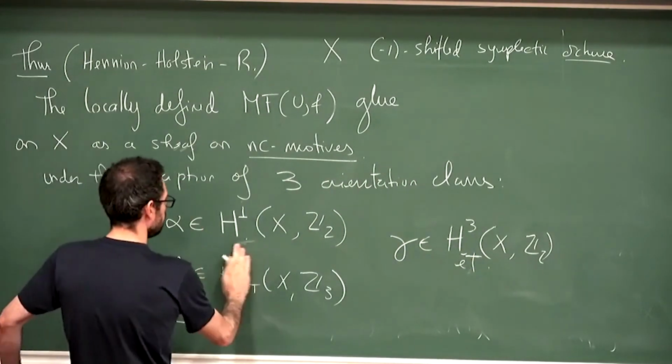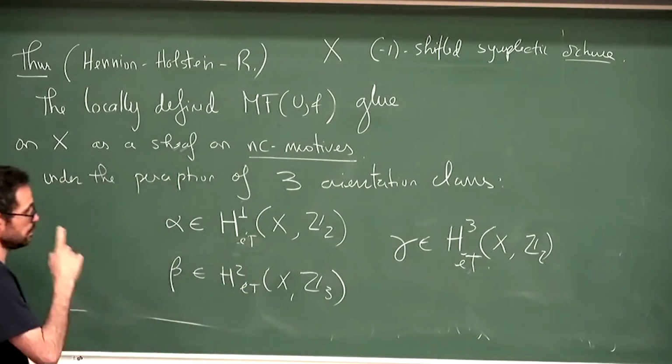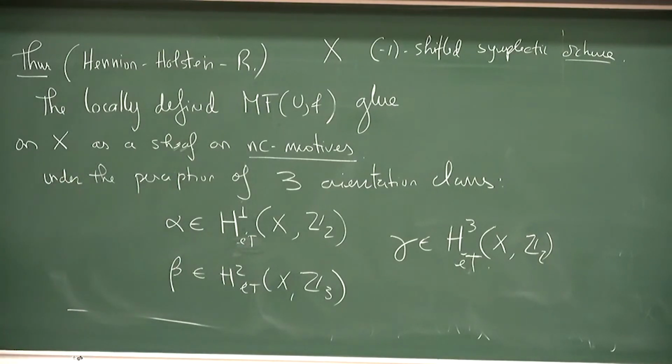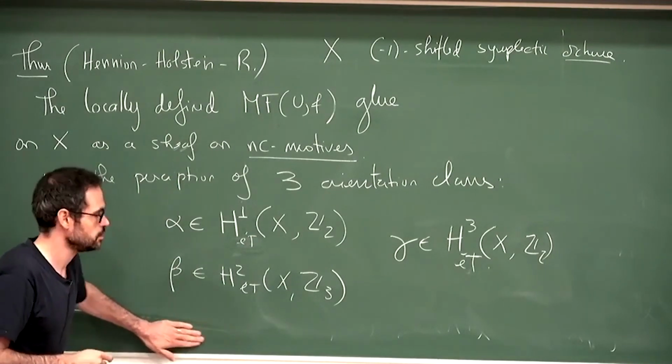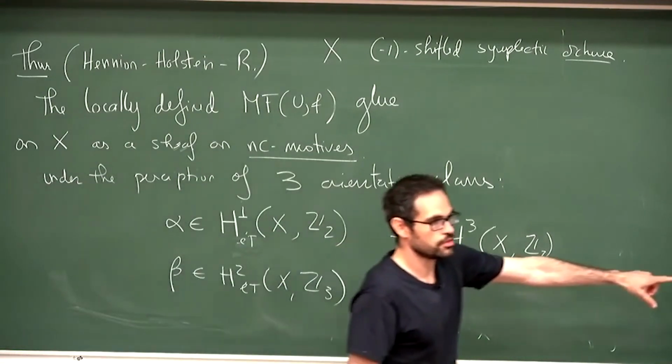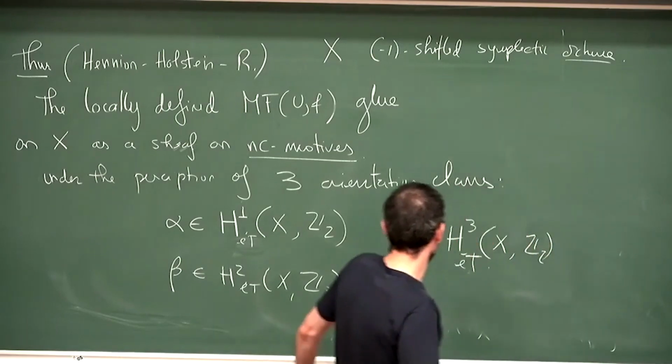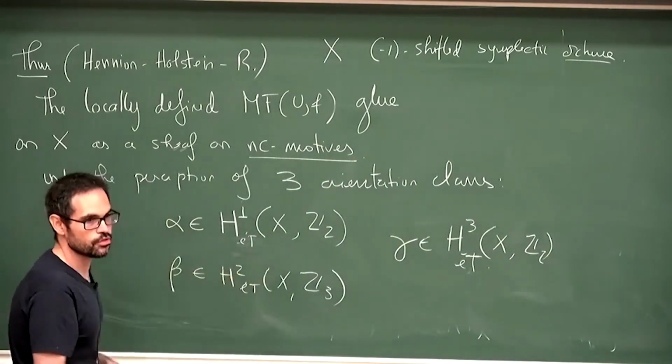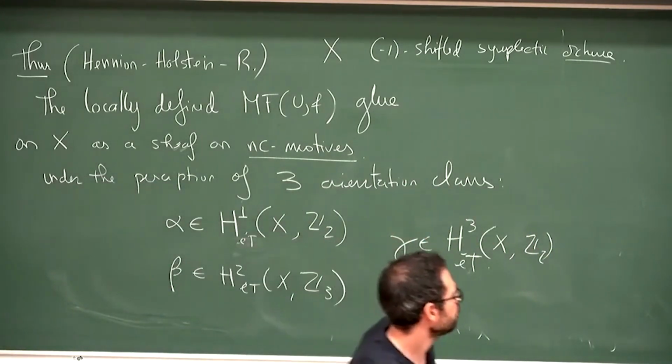And this is all you need to trivialize. I will explain in a second why these 3 classes appear. I will try to convince you that the first class is the one that already appeared in Joyce's work, and why and how we come to these 3 classes and only these 3, and not an infinite number of classes.